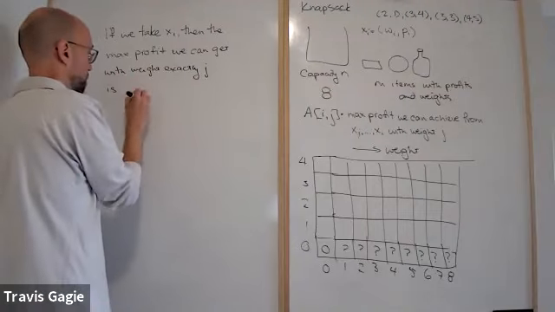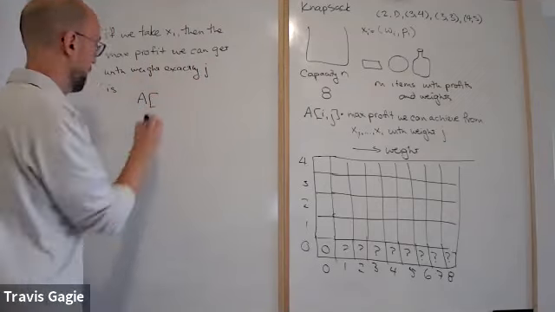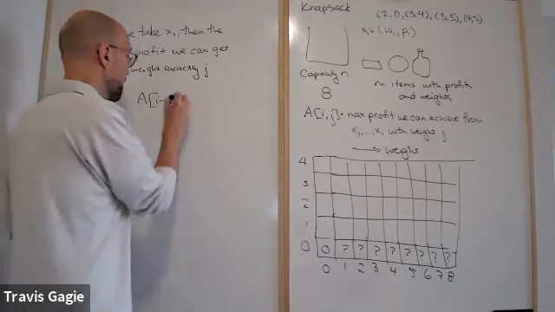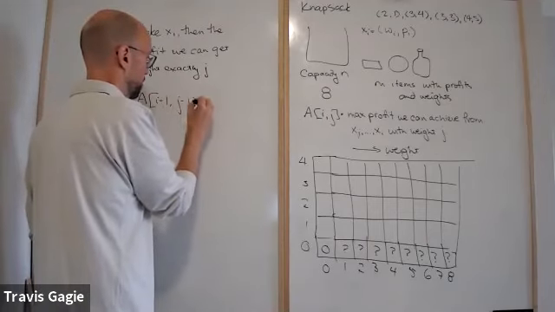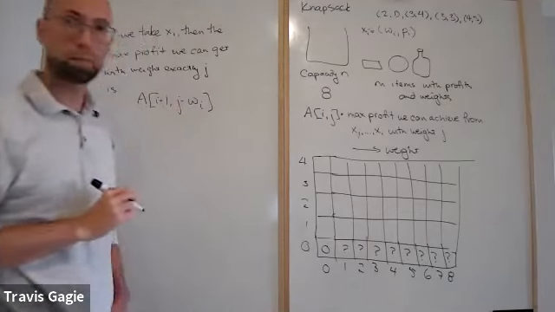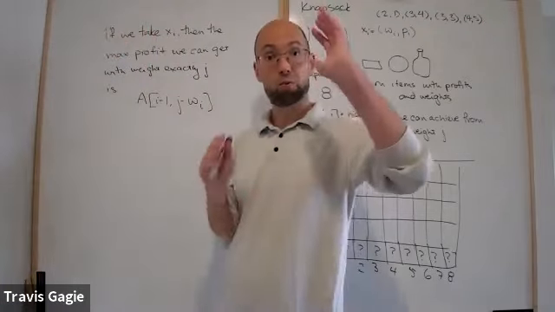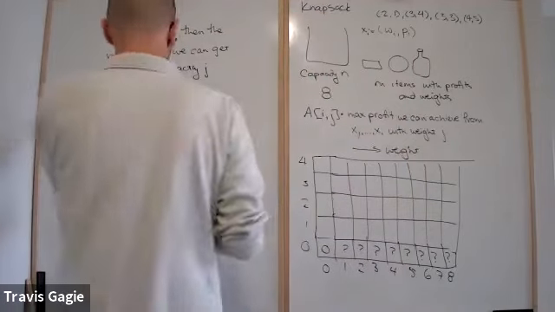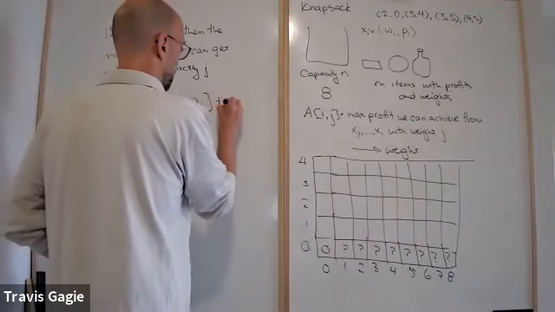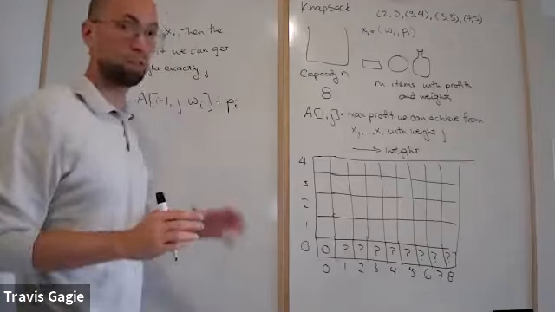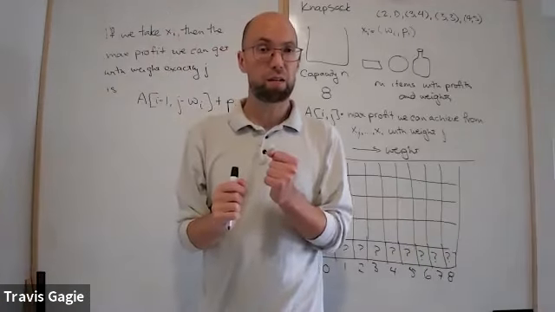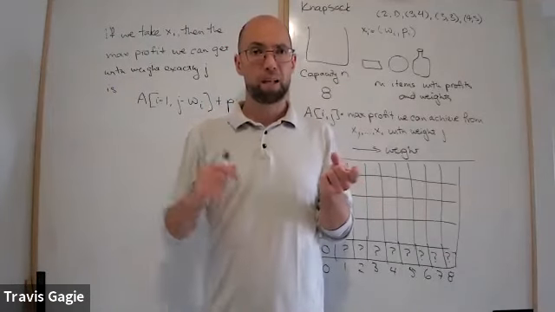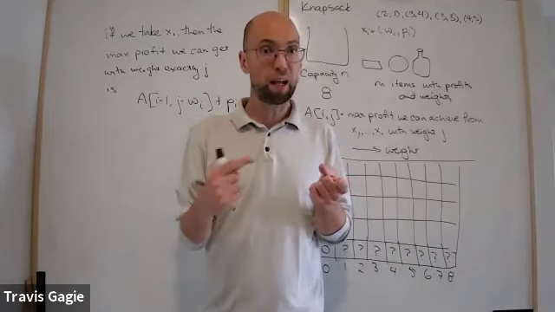is A(i-1), j minus wi, right? Because now I'm telling you, you take xi, so you plus pi. So you take xi. So I'm telling you, you have to get weight exactly j, and that's going to include xi.